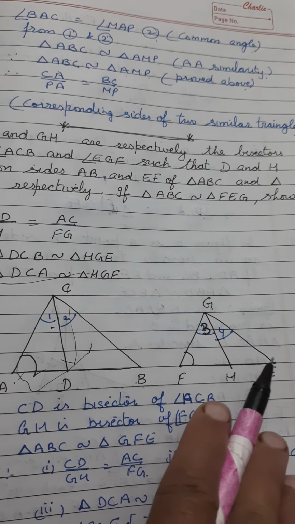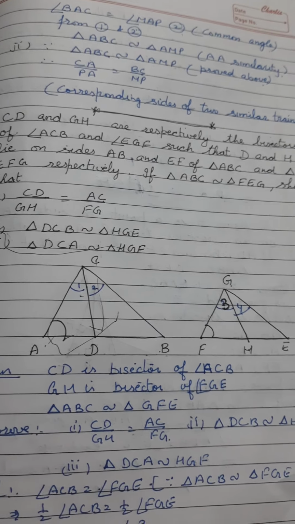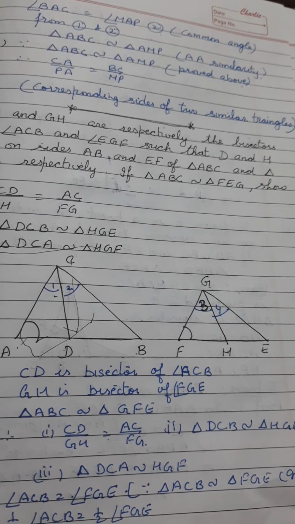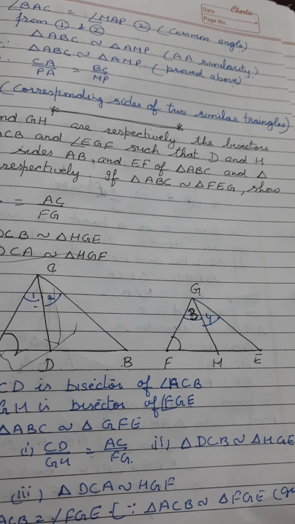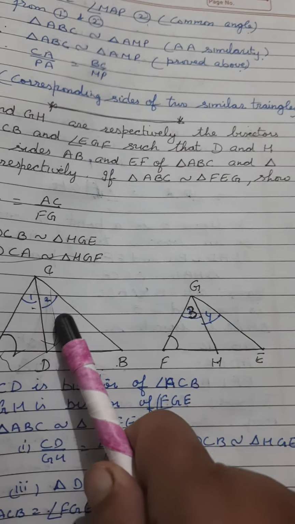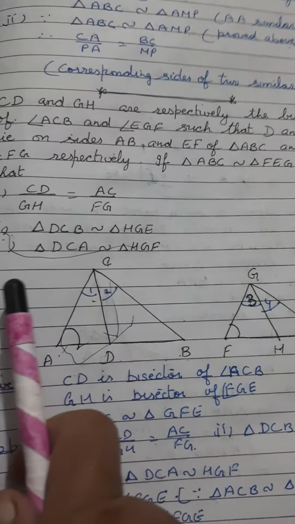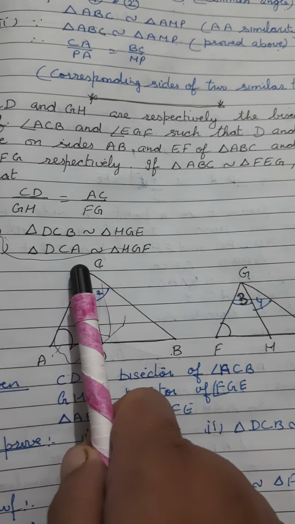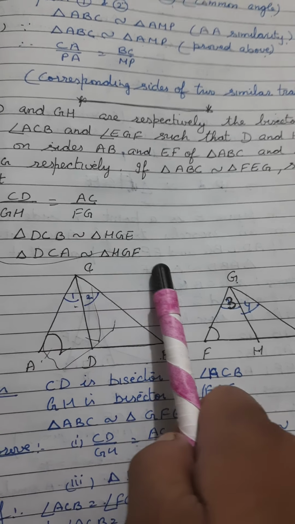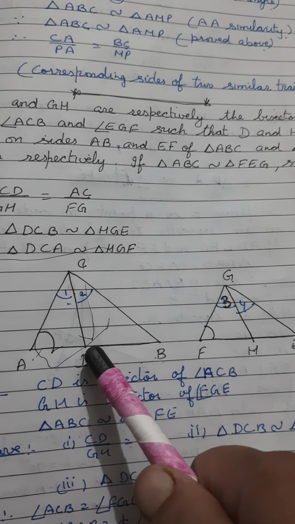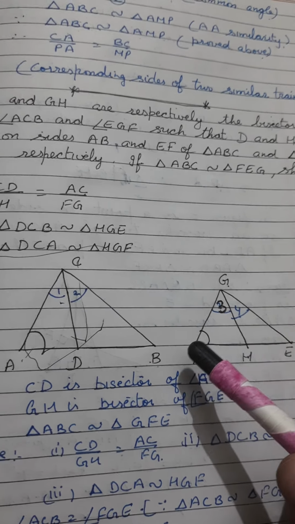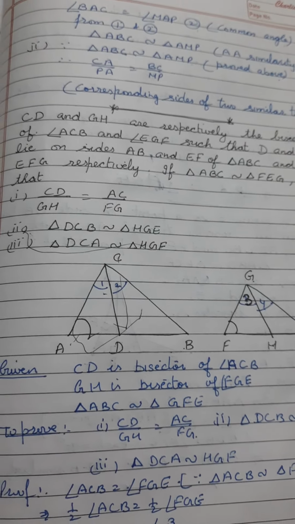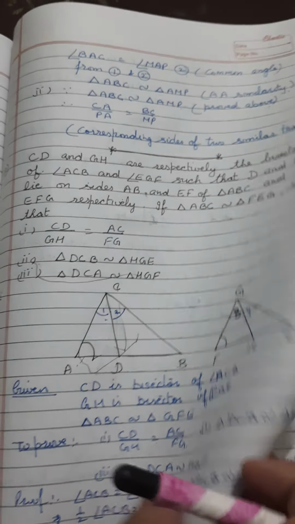And angle B is equal to angle E, because triangle ABC is similar to triangle FEG. By the angle similarity rule, these two triangles are similar. Now next is triangle DCA is similar to triangle HGF. This we have proved just now.